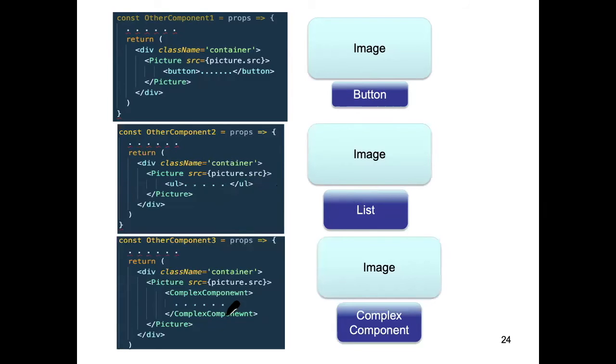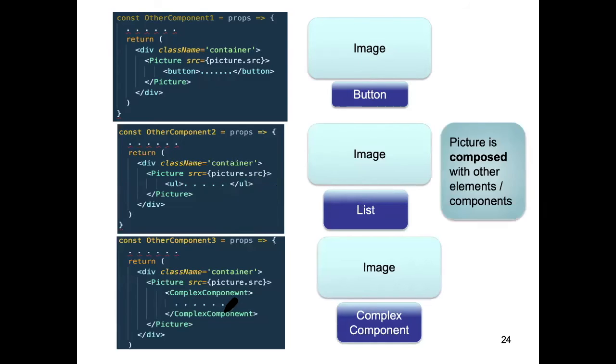And it could be anything you want it to be, really. So we are reusing the picture component in a number of different use cases, i.e. reusability, or to express it another way, we are composing the picture component with other components in order to achieve whatever we want to achieve.